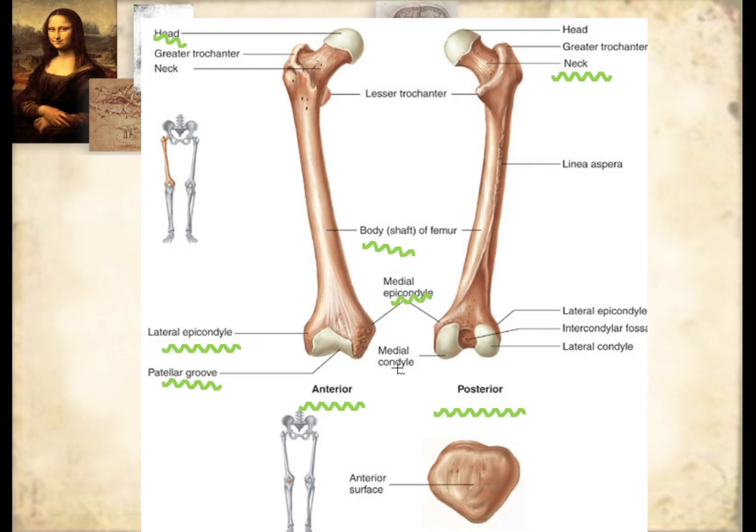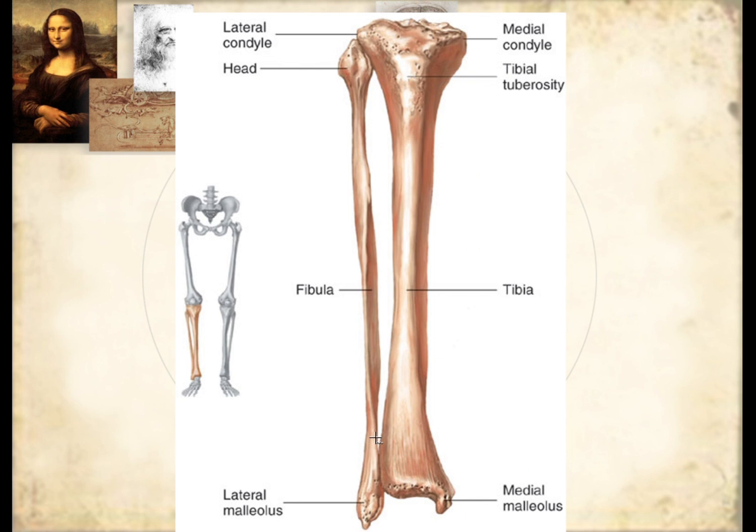Here is the lesser trochanter, and this part is the anterior surface. As I already said, fibula and tibia, lateral condyle, head, medial condyle, right?